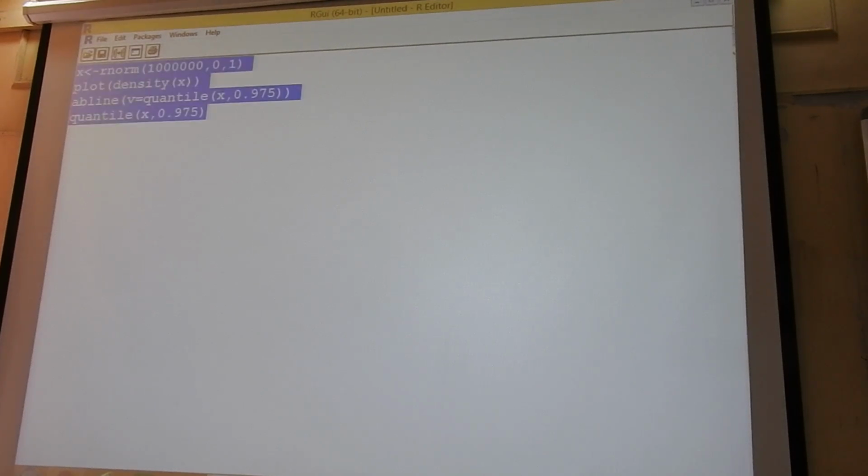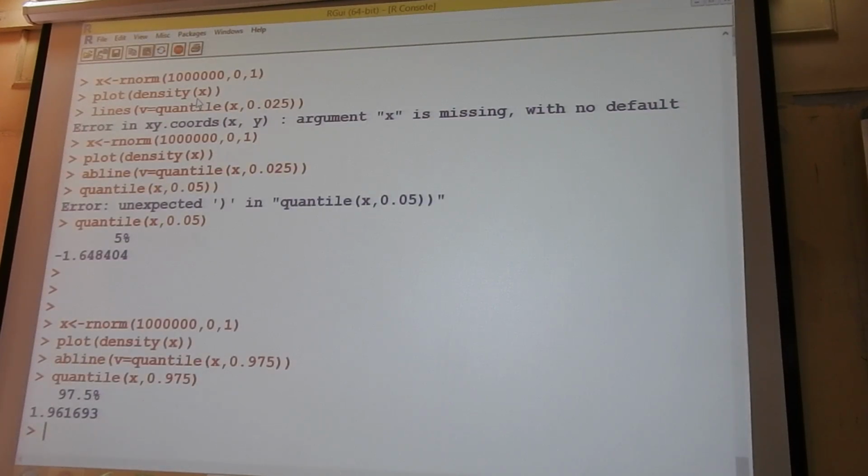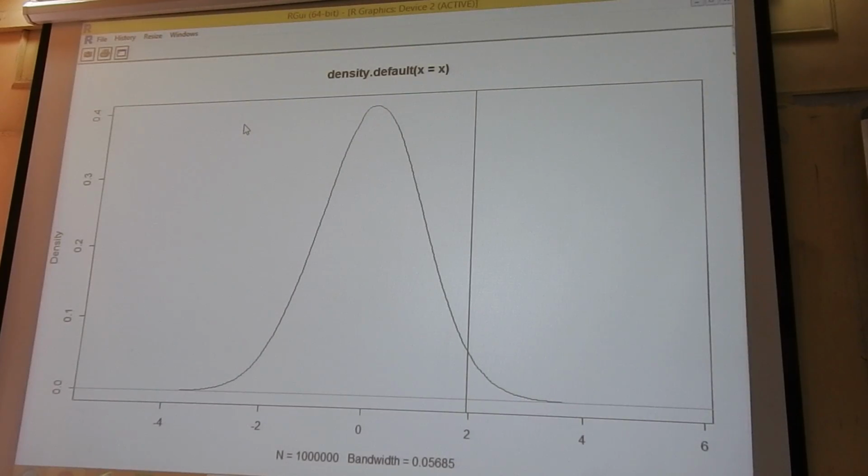So that value is plus 1.96. If you draw this graph, you see plus 1.96. It's a symmetric curve. Everyone understand this?